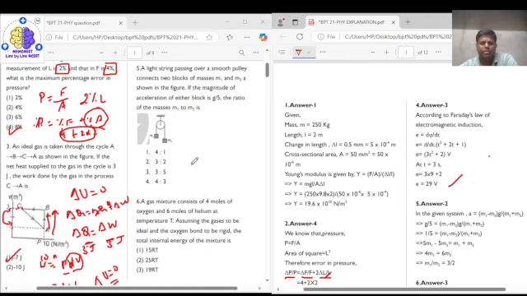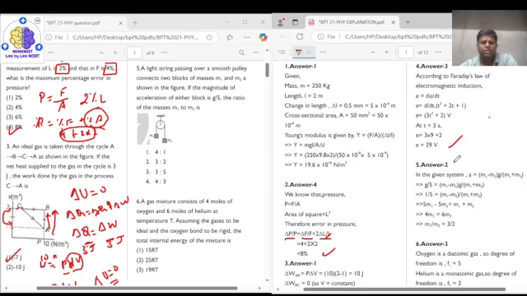Question number 5 says that a light string passing over a smooth pulley connects two blocks of mass m1 and m2 as shown in the figure. If the magnitude of the acceleration of the blocks is g by 5, the ratio of the masses m1 to m2 is.